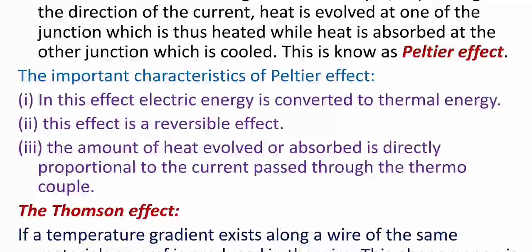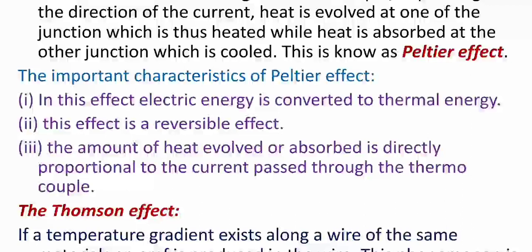Okay, now you know the Joule heating law, which we discussed in the electrical power and energy chapter. In Joule heating, current flows in a single conductor. Okay, there is no thermocouple.